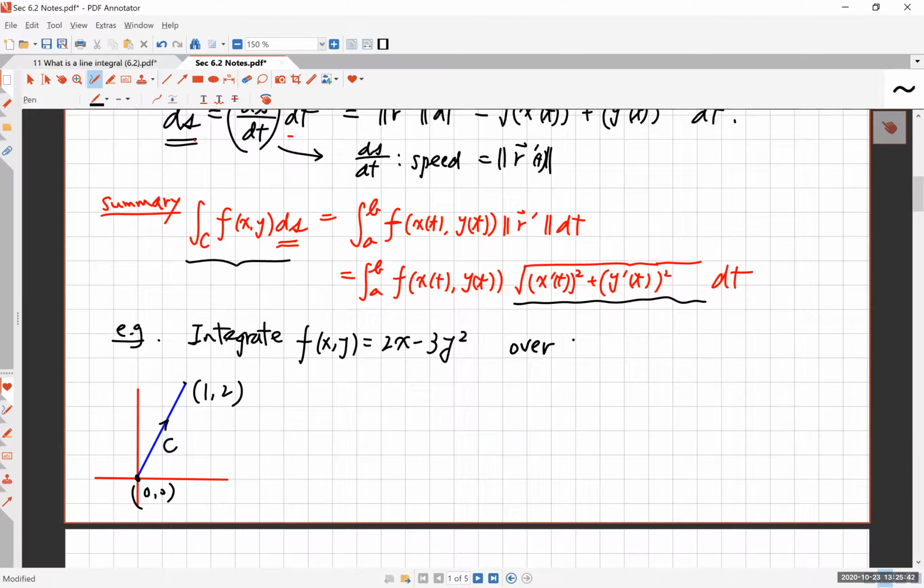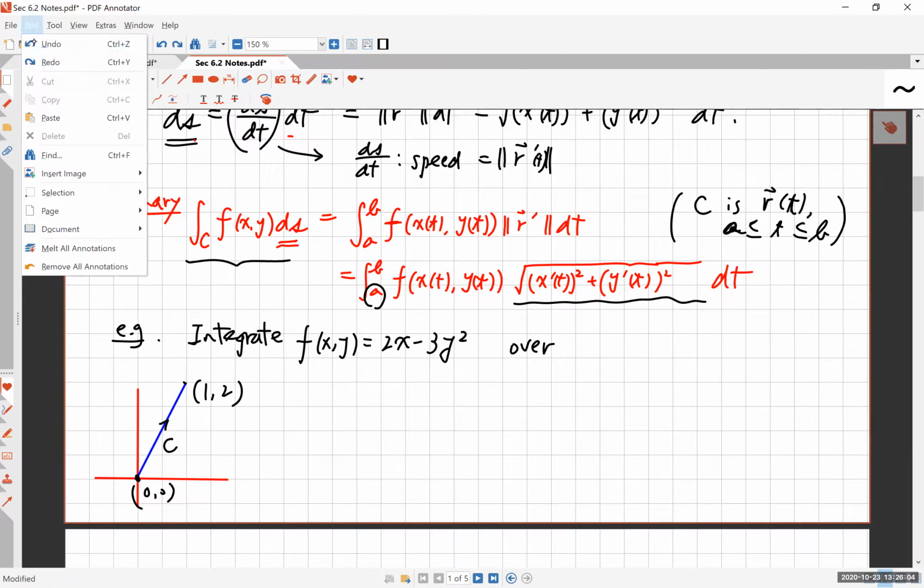Over, oh, I forgot to mention here. Here, C is r(t), where t ranges from a to b. So a and b are the endpoints of this parameter t. Those are the numbers you see there.